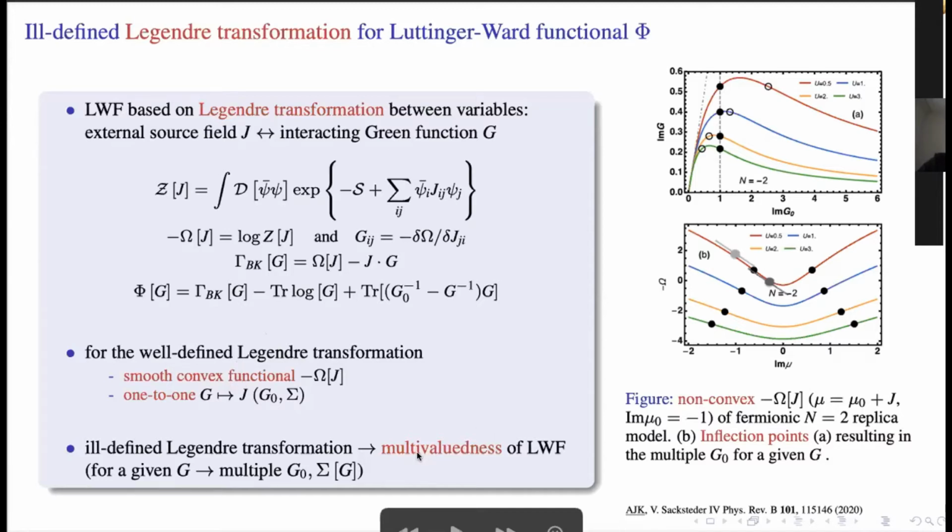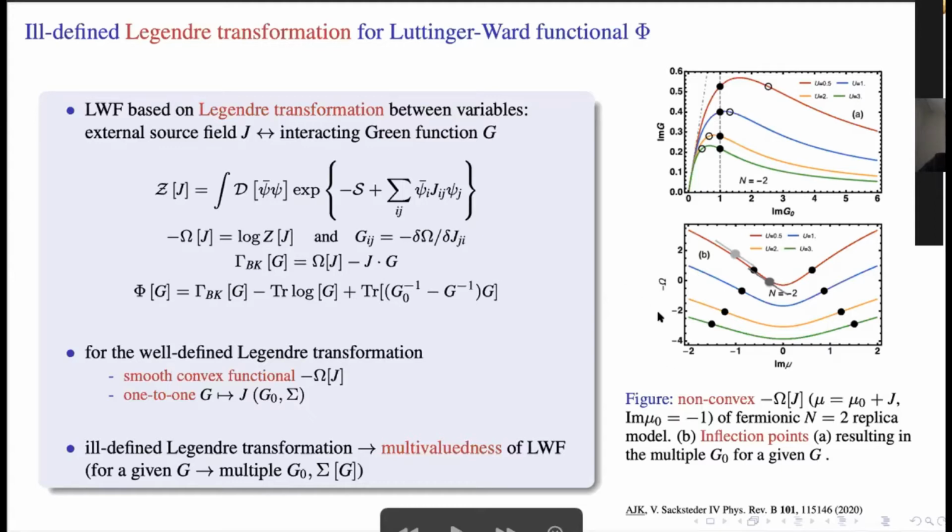In this case, the problem called the multivaluedness of the Luttinger-Ward functional appears. One simple example is shown in the figure right here. It is a very simple model composed of a few degrees of freedom, which can be solved analytically.